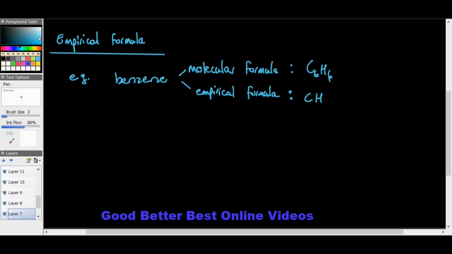Okay, so let's say we have a compound that is made up of nitrogen at 30.4% and oxygen at 69.6%, and we need to determine the empirical formula.